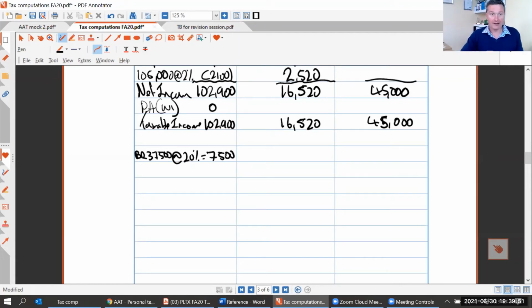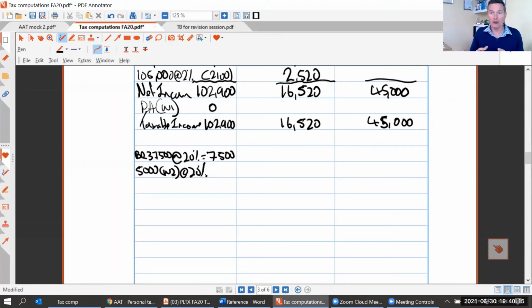Then we're going to tax the next bit. So you've got 2 choices here. You can either extend the basic rate band or you can have the excess, working 2, at 20%. Either way is fine. I actually like doing it this way. The reason being, you're showing you're extending the basic rate band.